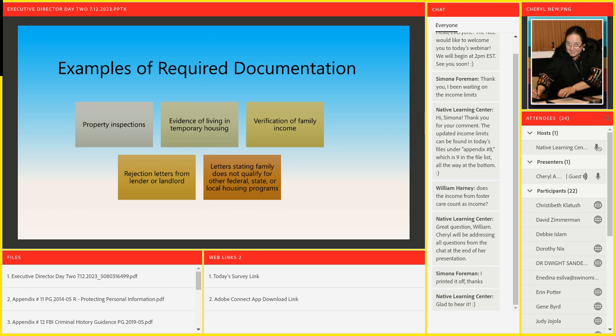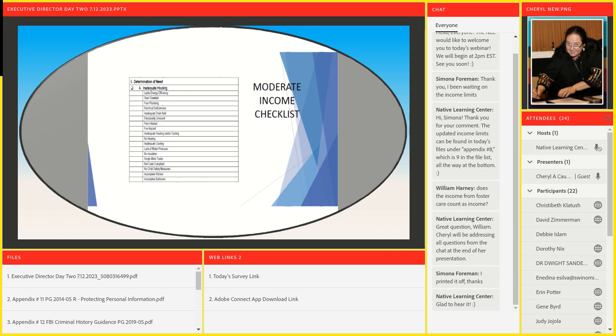Examples of required documentation: property inspections, evidence of living in temporary housing, verification of family income, a rejection letter from a lender or a landlord, and letters stating that the family does not qualify for any other federal, state, tribal, or local housing programs. And then you need a moderate income checklist.